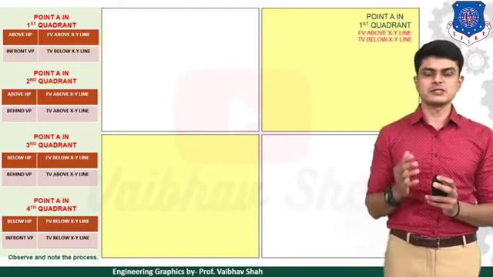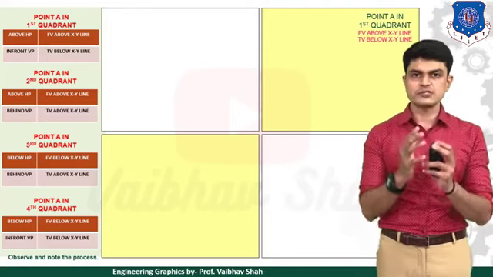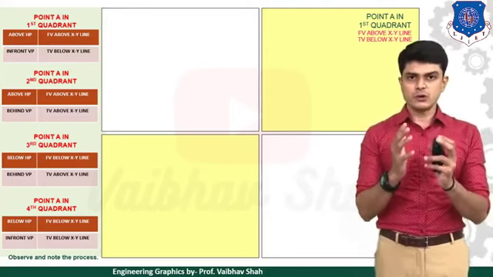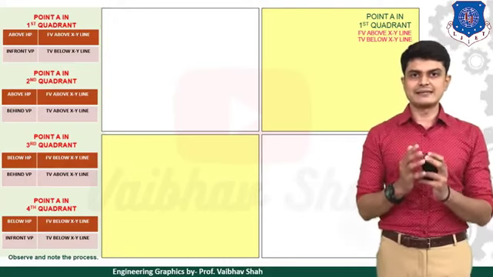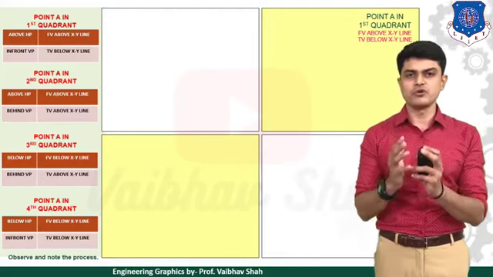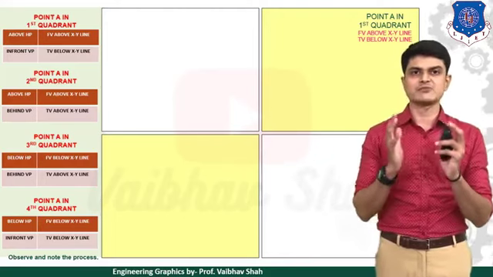Let us start with the first point. A is in first quadrant. Here our objective is to first draw the XY line and then denote a front view and top view of point A with respect to the XY line.